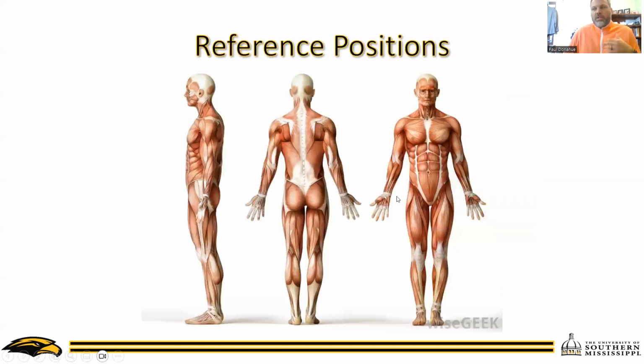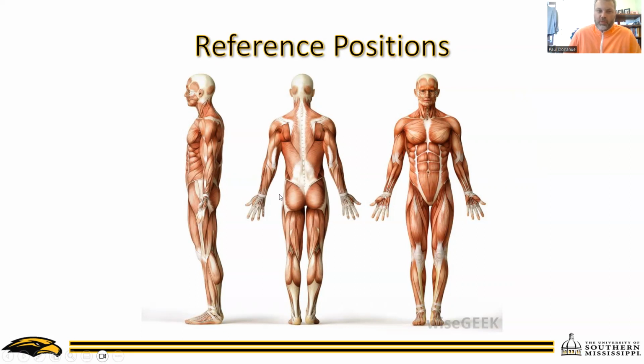And so when we start talking about having this point of reference, and this becomes really, really important as we get further into this class, it is understanding this reference position and what we're talking about. We want all of our movements to be based off of this initial point, or this initial position.